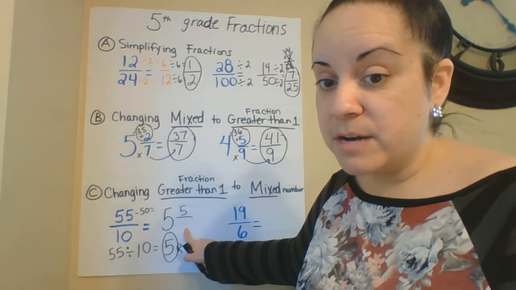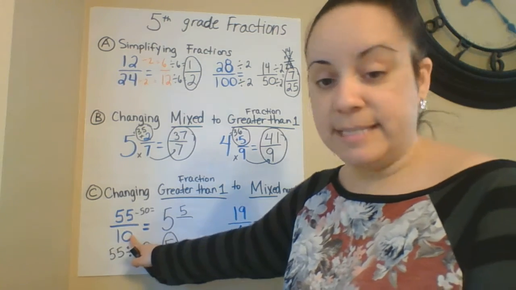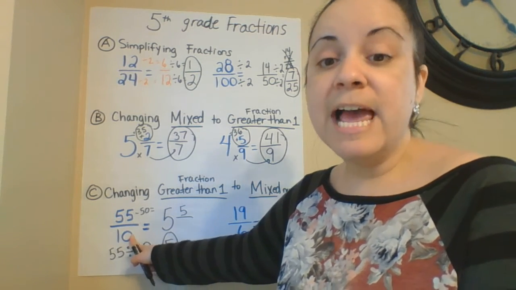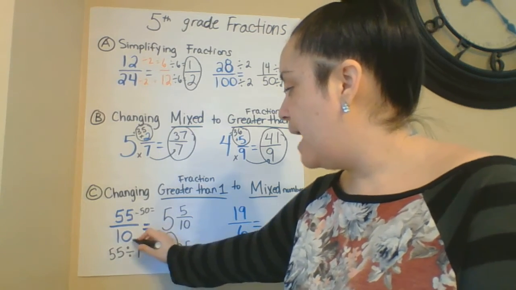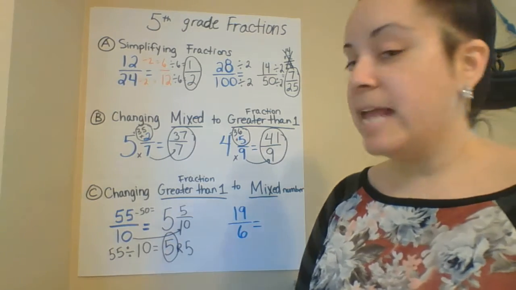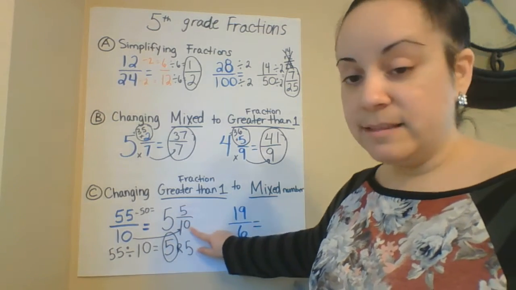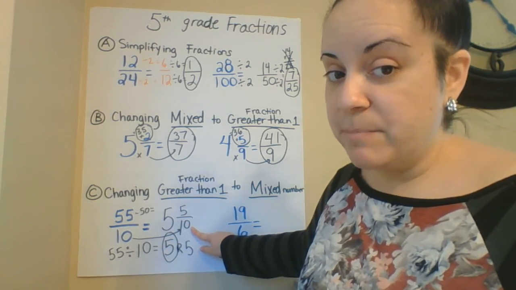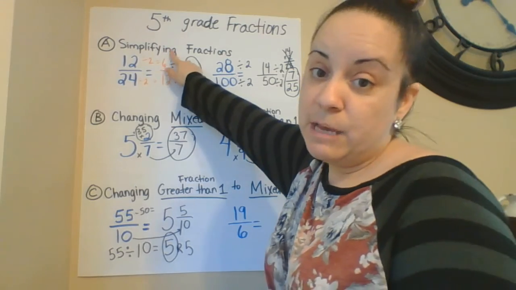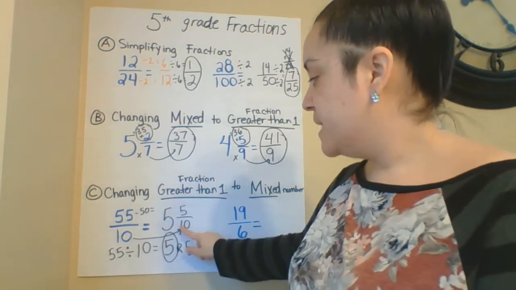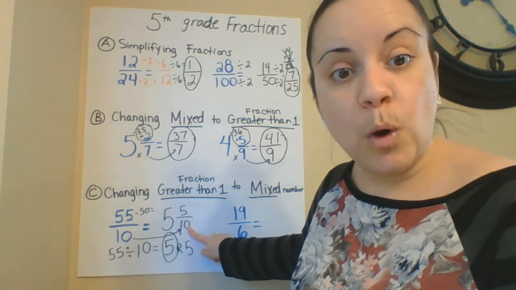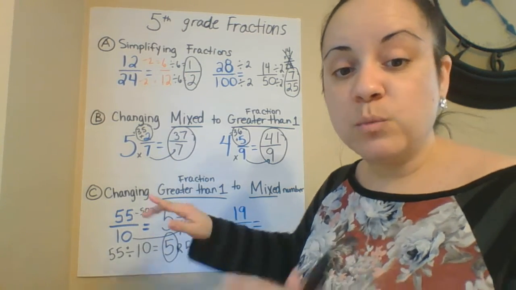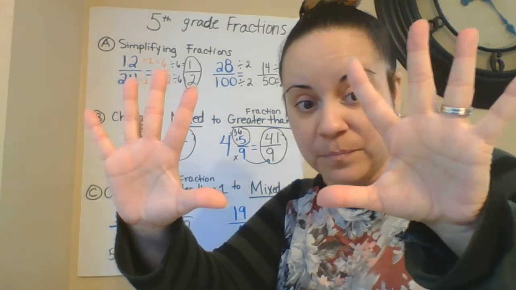What is my bottom number? It's going to be the same as this one. Remember, it always stays the same. So I have 10. Now, in 5/10, there's another step that I could do because I can simplify this fraction, because I know that 5/10 is the same as 1/2, because what is half of 10?